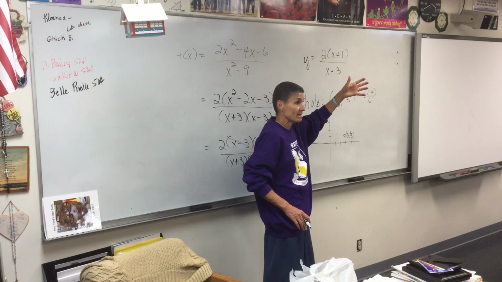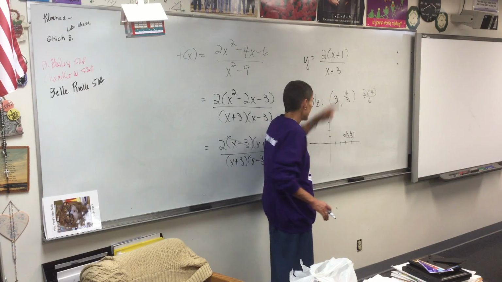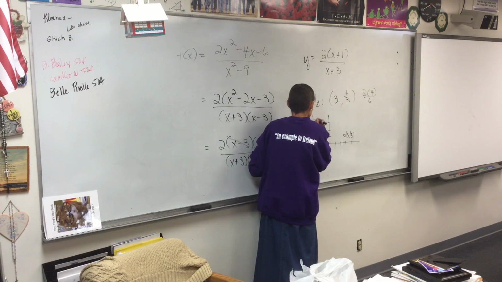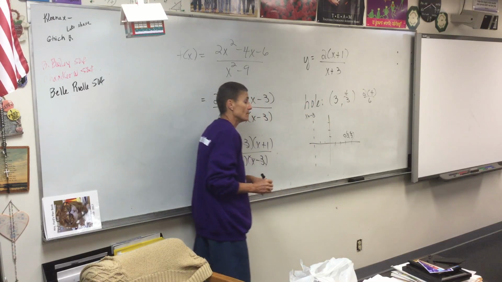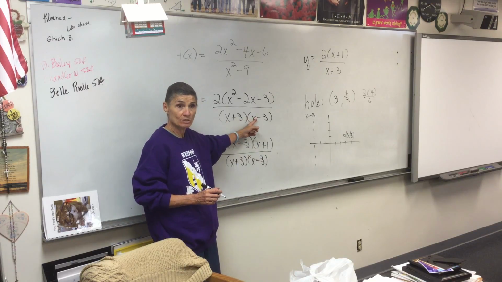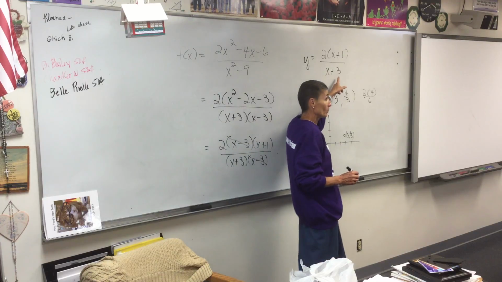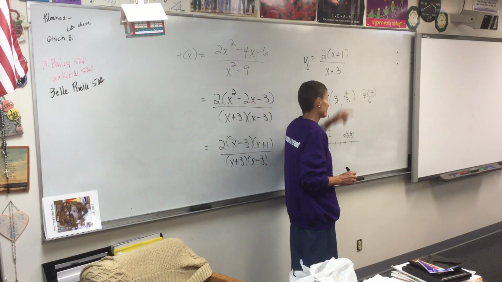What x can't be. So look at the problem. What can x not be? -3. So you're going to have a vertical asymptote at x equals -3. Now, in the beginning, it looked like there might be 2 vertical asymptotes, but one of them canceled out, so we ended up only having 1.